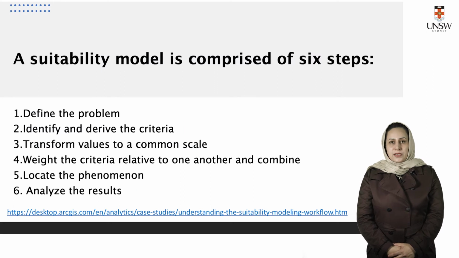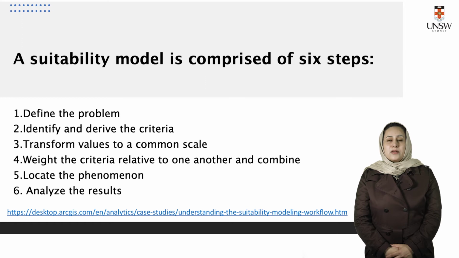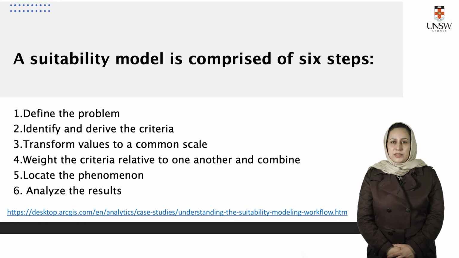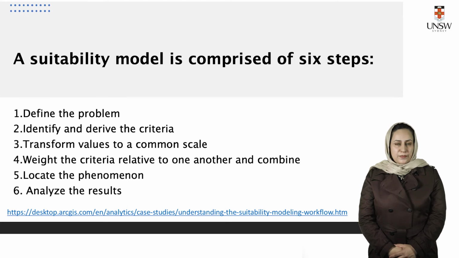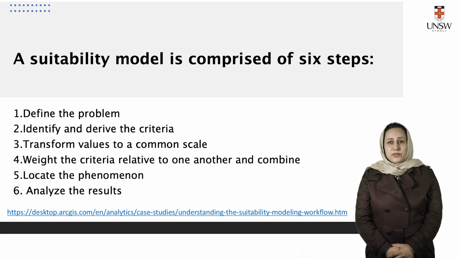What are the main steps when we work on a suitability analysis? There are 6 main steps outlined in this slide. The first step is to define the problem. Second step is to identify and derive the important criteria for the analysis. Third step is to transform the values to a common scale across all the criteria layers.